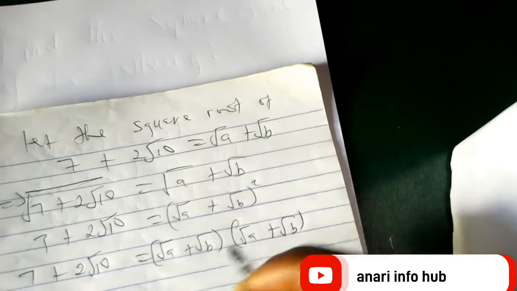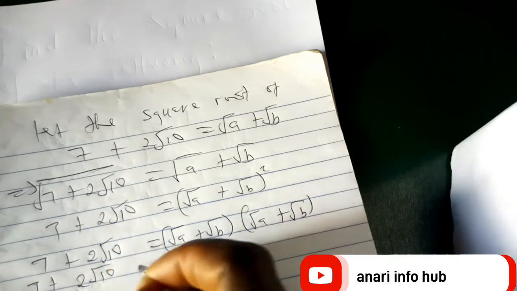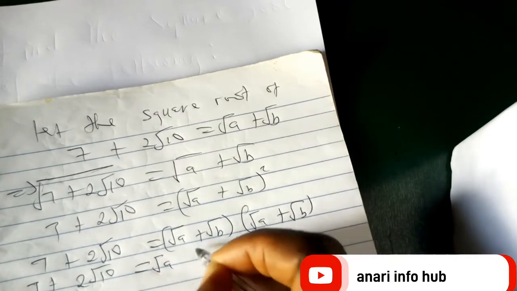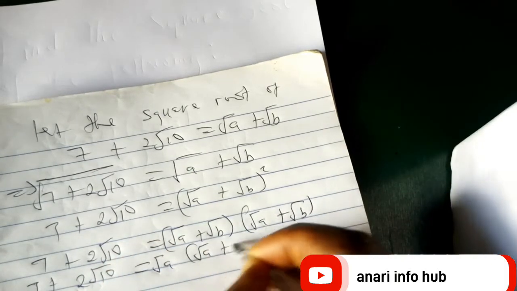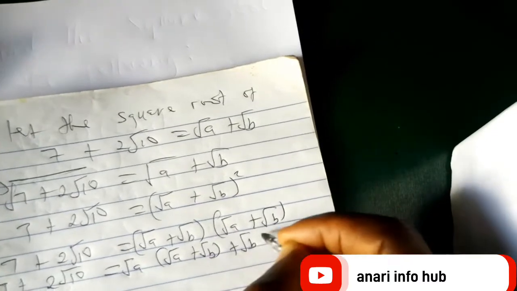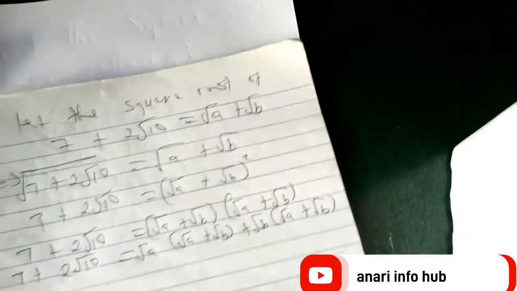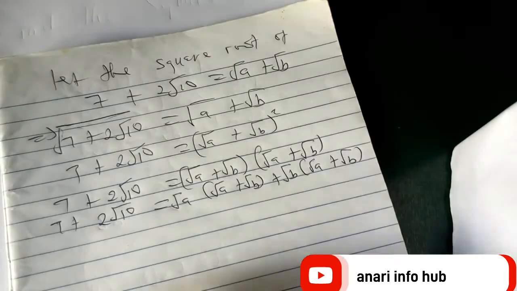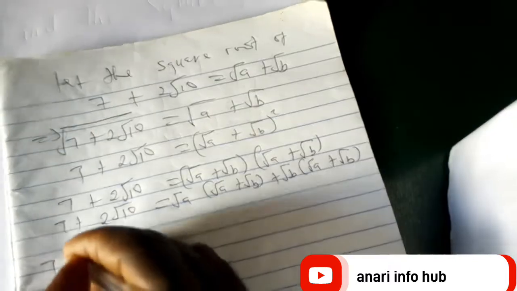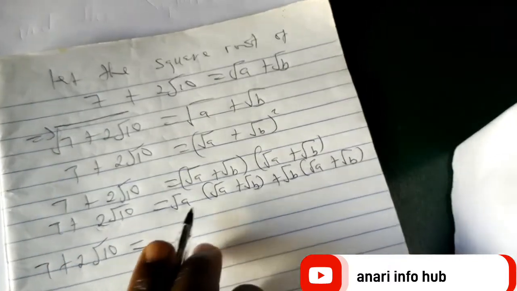Let's simplify it, right? You have 7 plus 2 root 10 equals root a into root a plus root b, then plus root b bracket root a plus root b. Use this to open this.